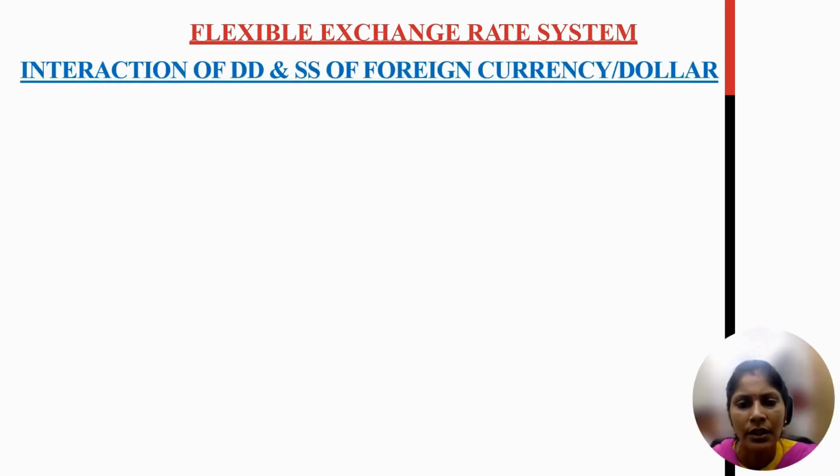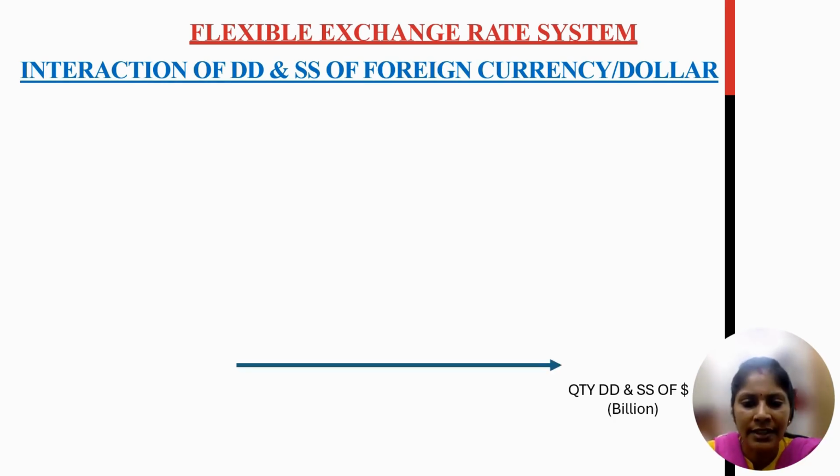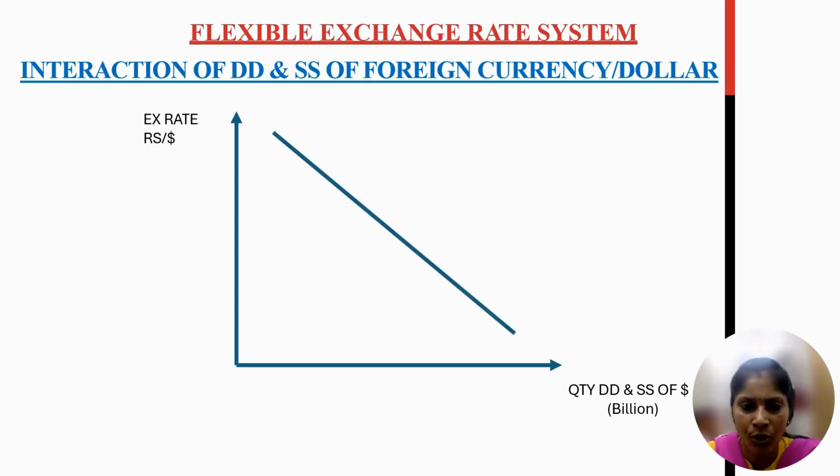Now it is very important to understand the interaction of the demand and supply of foreign currency, in terms of dollar, in the flexible exchange rate system, because this is how the exchange rate is fixed, by the interaction of the demand and supply of dollars. Here the x-axis is the quantity demanded and supplied of dollars in billion, and the y-axis denotes the exchange rate, rupee per dollar.